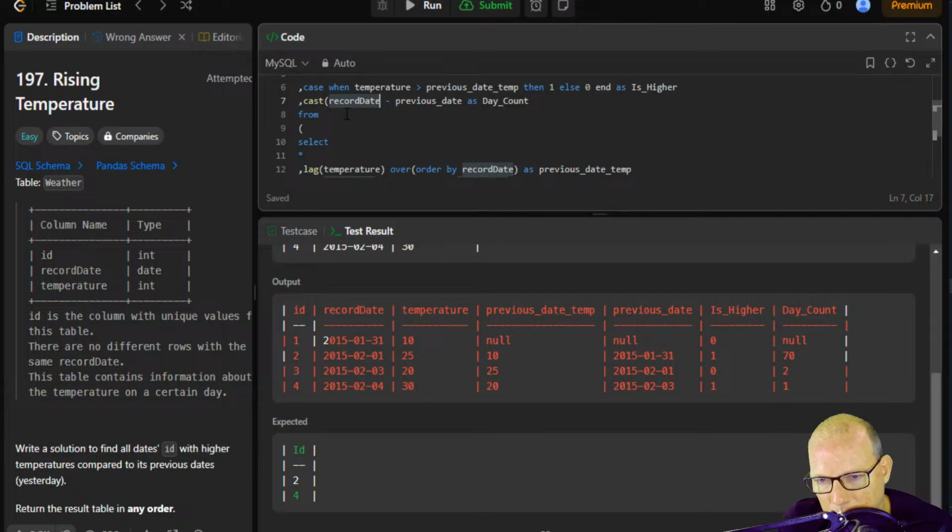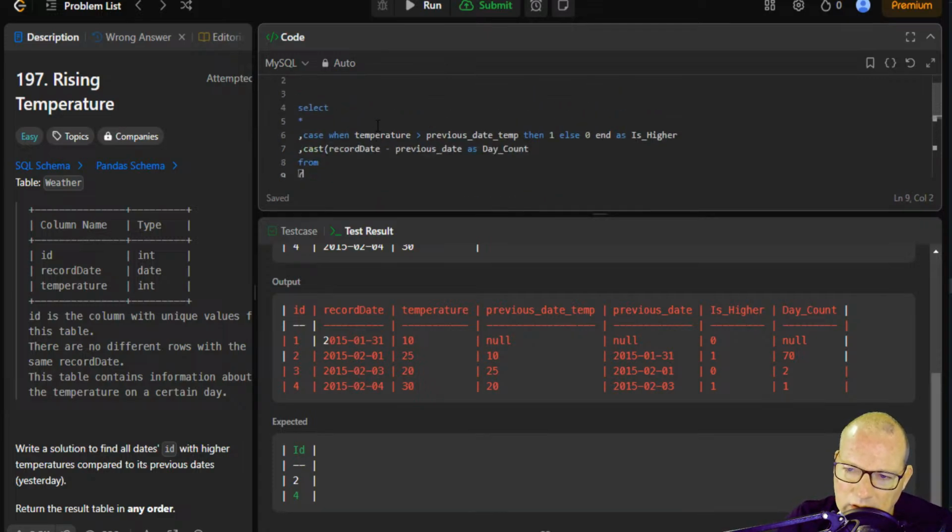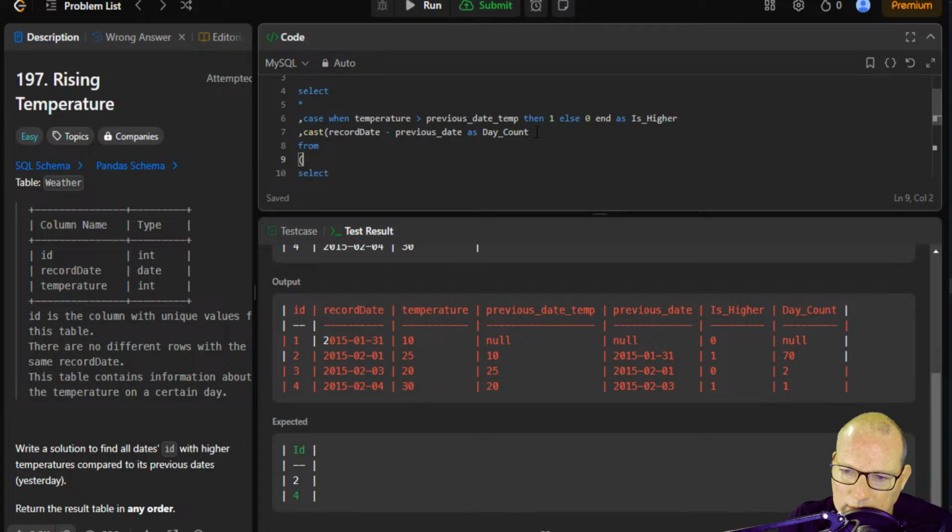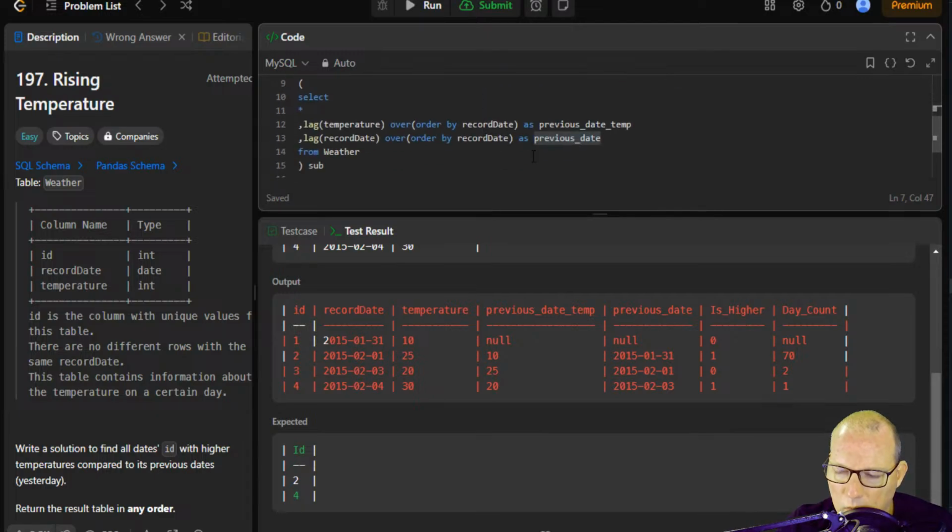How about we change, let's do it in here. I like that solve at all, but I really want it as date minus cast. Oh.